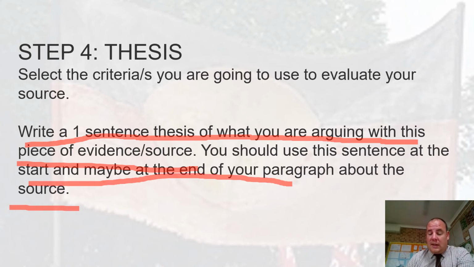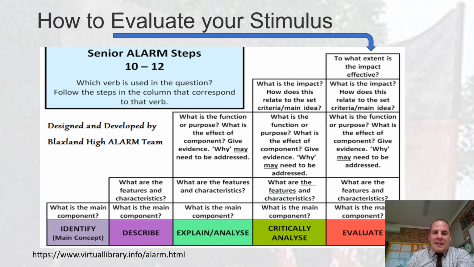So once you've selected your stimulus, you've checked that it's reliable, useful, you've looked at how you can put it into your criteria, then you're going to write a little thesis, that one sentence. And that's how we can get from identify, describe, explain, critically analyze to evaluate, because that's what you're going to talk about, how effective or how successful that policy is.